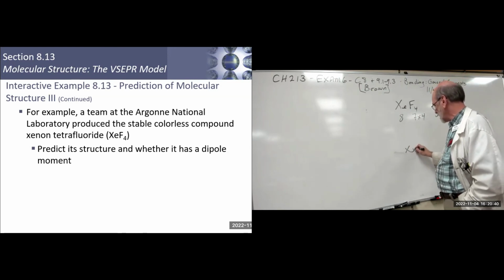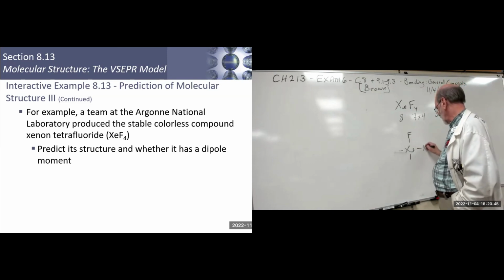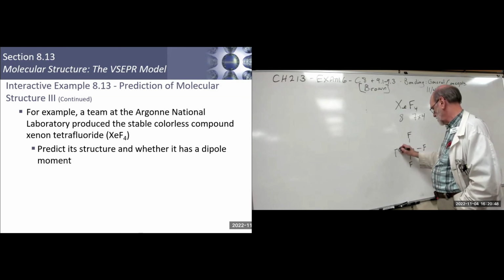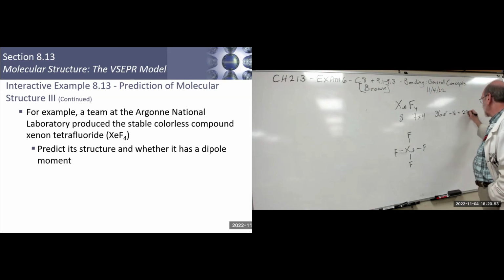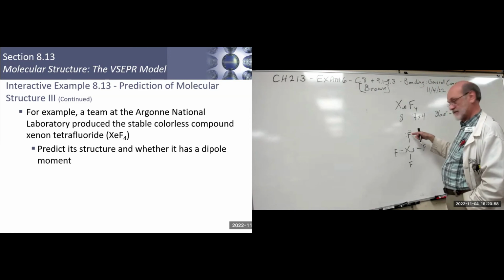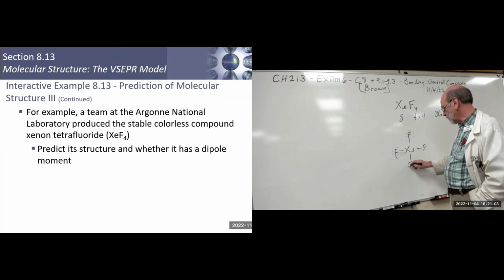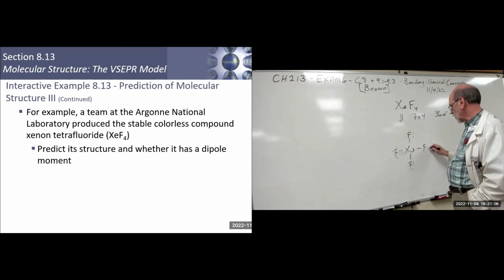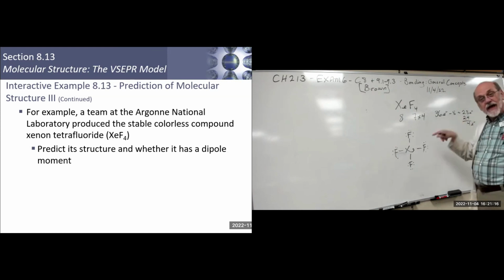Okay, xenon in the middle, and fluorine, fluorine, fluorine, fluorine. 2, 4, 6, 8 equals 8 electrons used in the bonds. 6 around each fluorine, which means 24 electrons are used up to make fluorine its octet. 6 times 4, yeah, 24. So we have 4 electrons left over. They have to go on xenon.